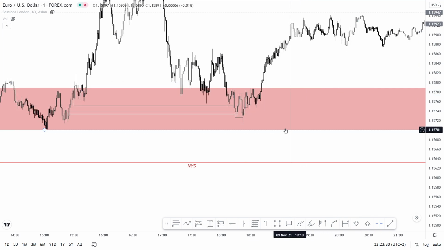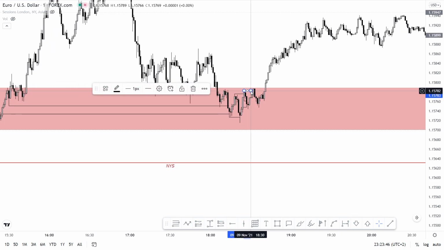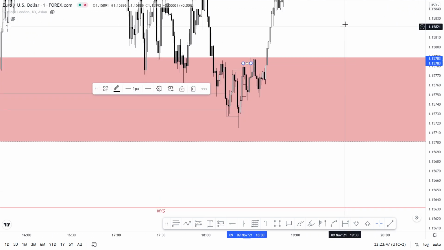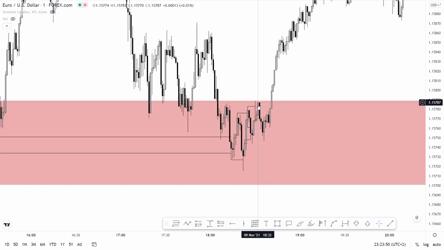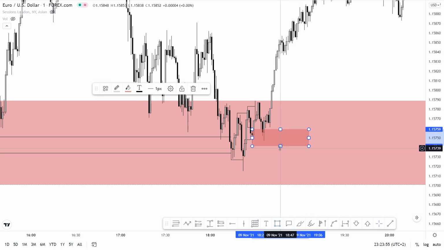Fine. The buy which I took was after this move, when we broke the second structure there. After breaking the structure, I'm just going to quickly zoom in so that you can see clearly. After seeing this break of structure here, I then saw that a fresh demand level was here.